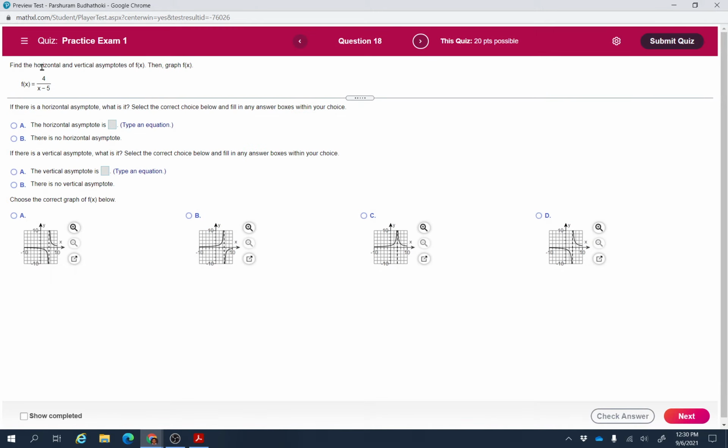Okay, so let's answer a couple of questions here. Find the horizontal asymptote and vertical asymptote. For this question, let's complete it. For the horizontal asymptote, we just have to compare the degree on the top and the degree on the bottom. If the degree on the bottom is greater than the degree on the top, the horizontal asymptote is always y equals 0.